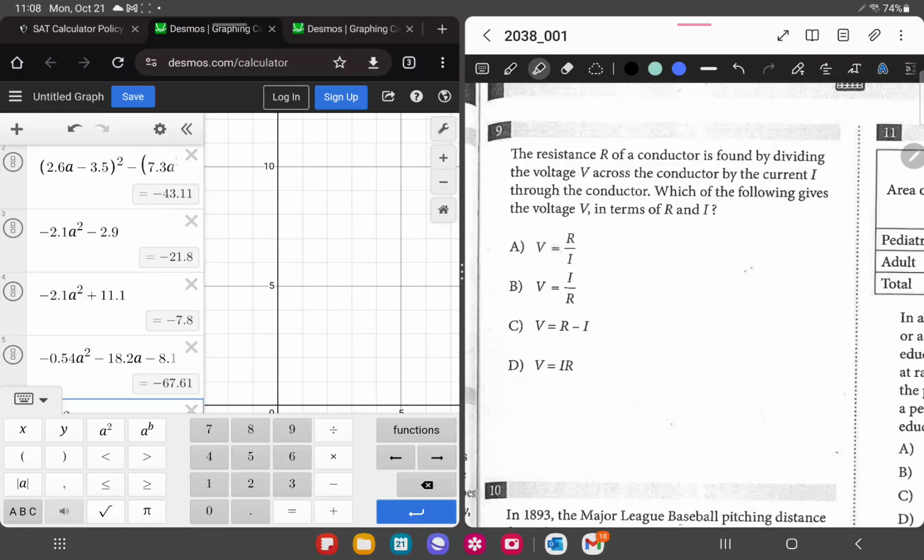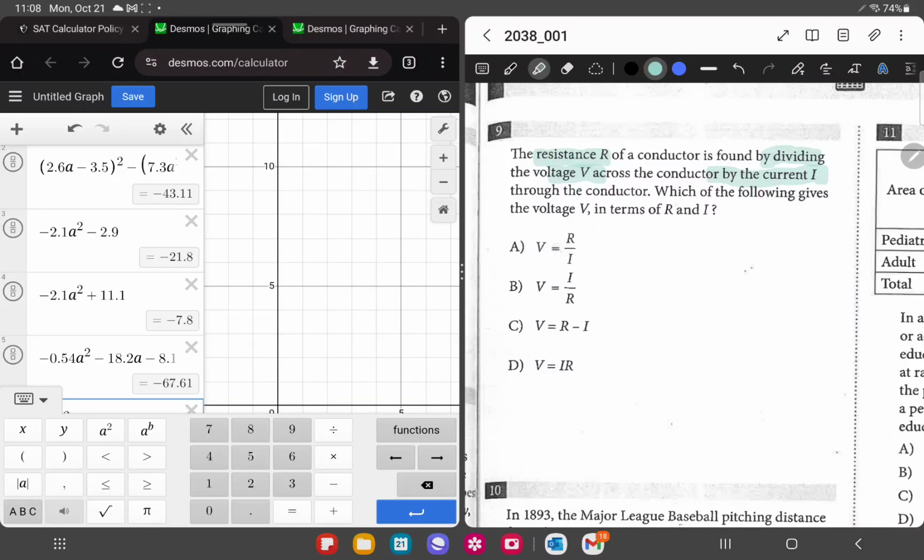So the next problem, number 9, is exactly the same thing. It's going to be talking about the resistance, which is going to be R, of a conductor, which is found by dividing the voltage V across the conductor by the current I through the conductor.